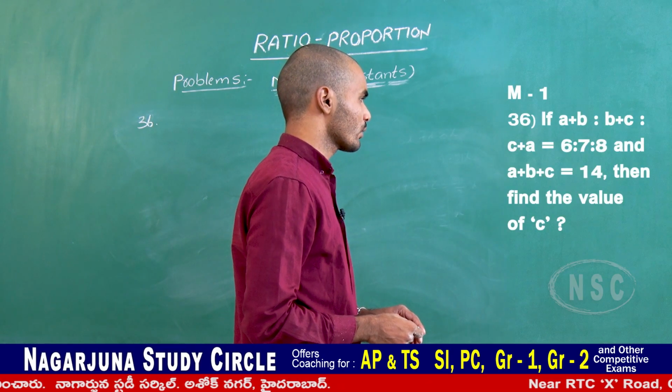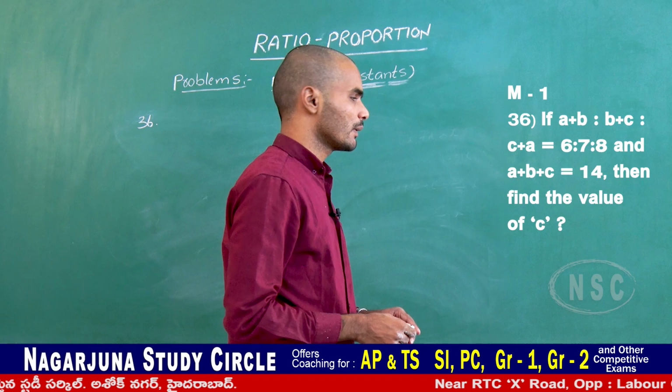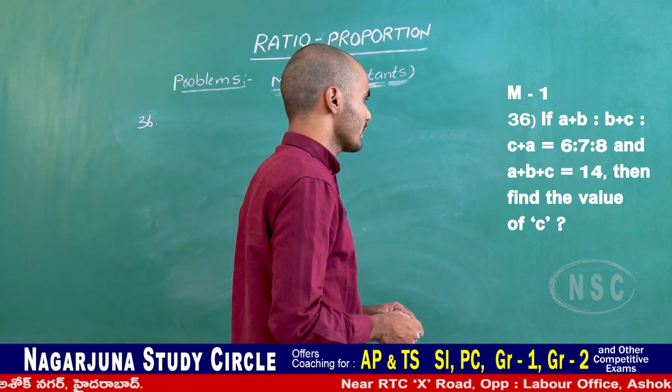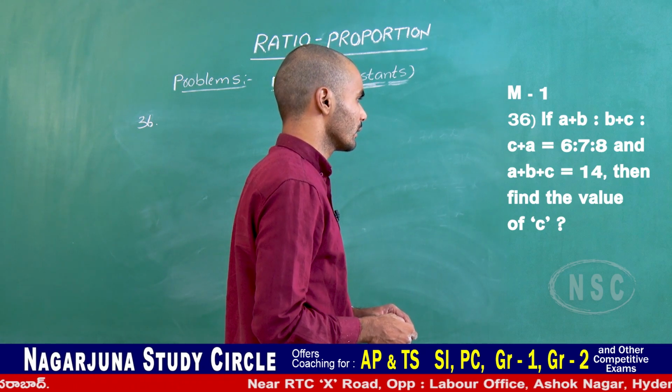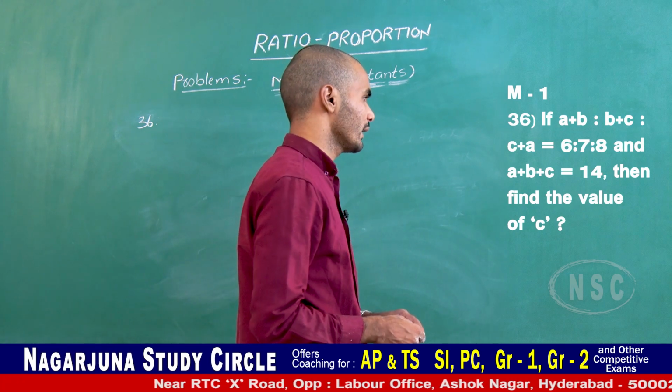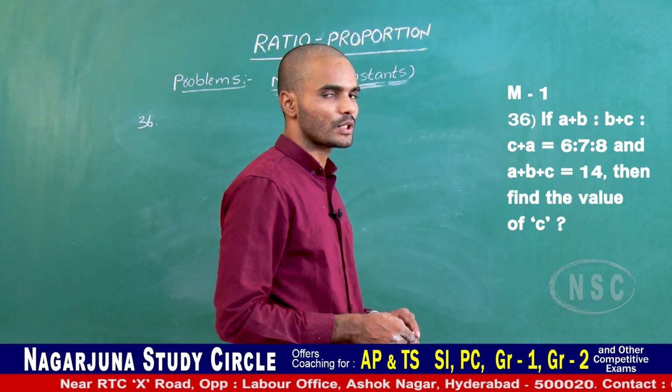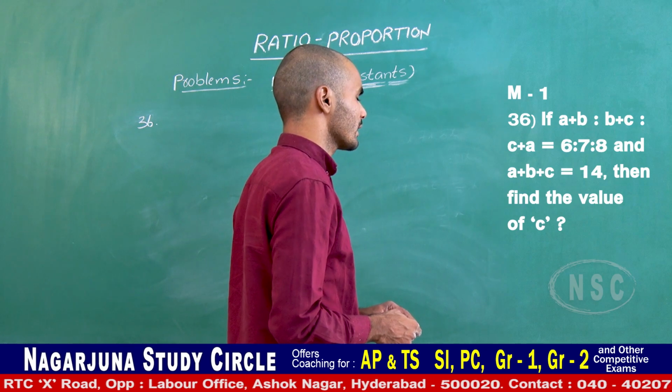A plus B is to B plus C is to C plus A is equal to 6 is to 7 is to 8, and A plus B plus C is equal to 14.